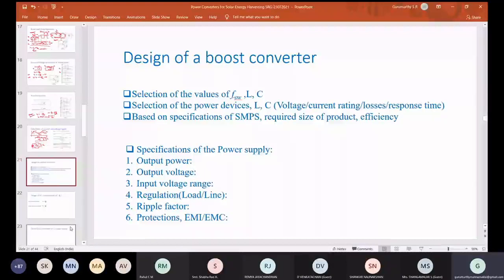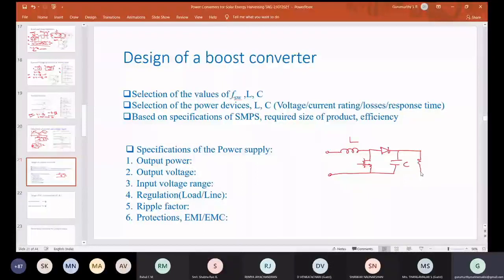One is the inductor, then the switch, the diode, and the capacitor. So that's all. This is what a boost converter is all about. So this L, this C, there is a diode and there is a transistor. So you have to select these components. This is what is meant by design.